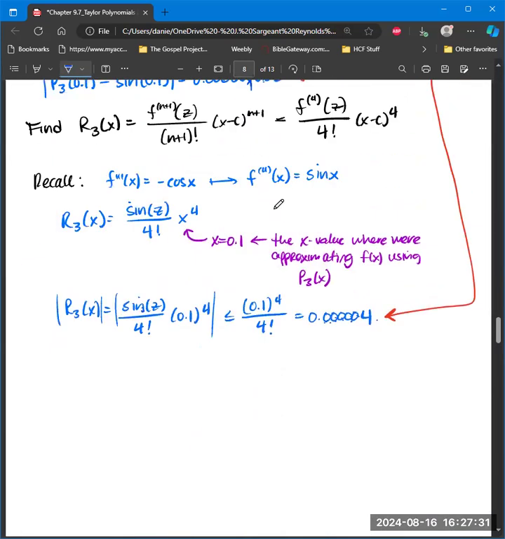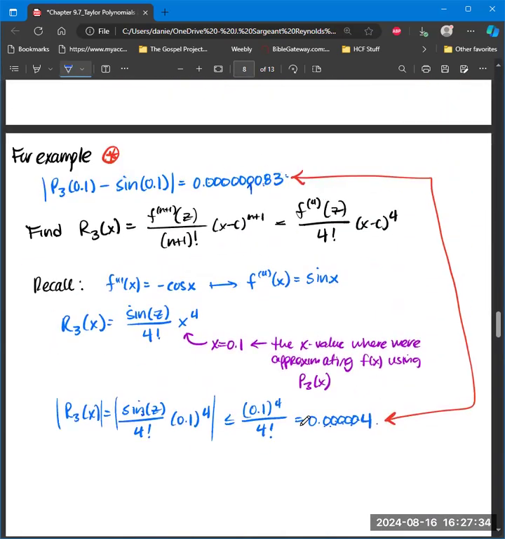So this is exact, this is approximate right here.